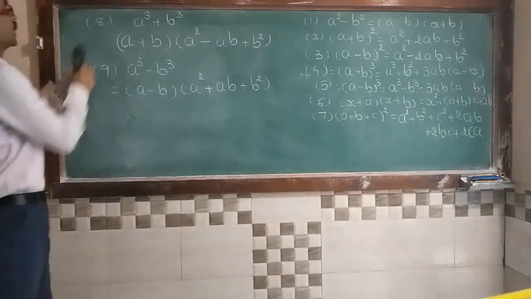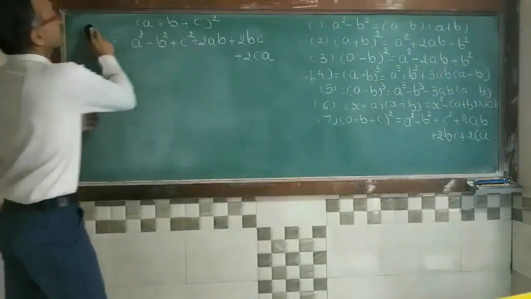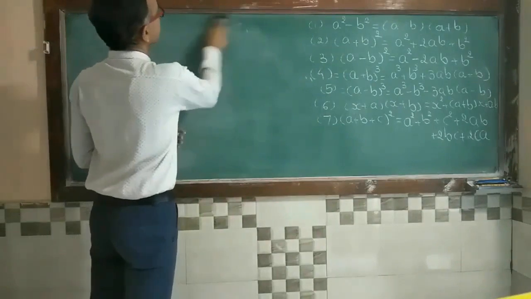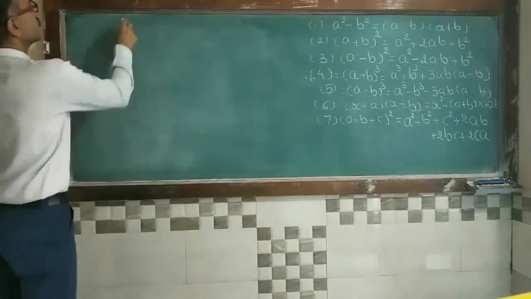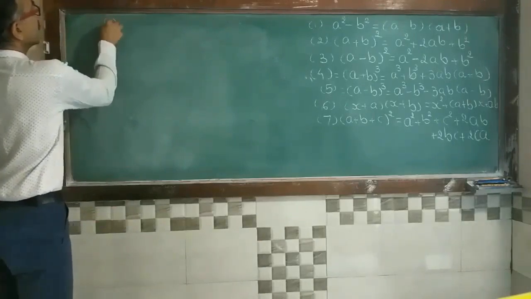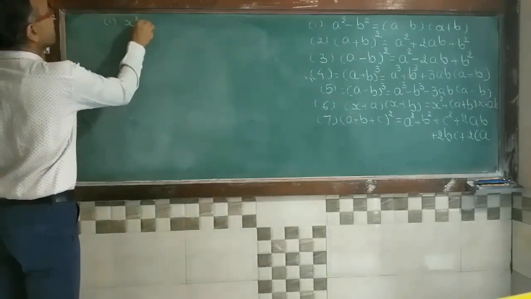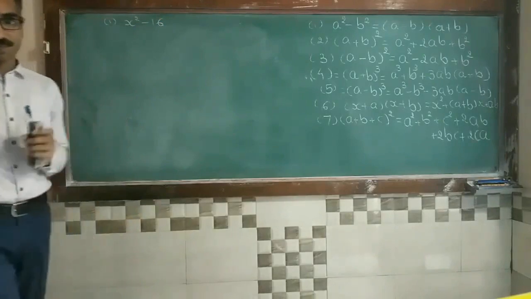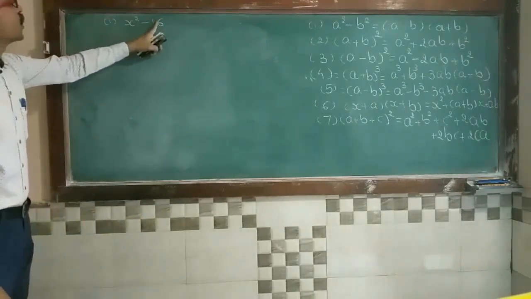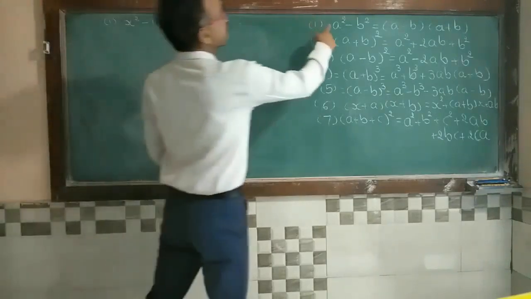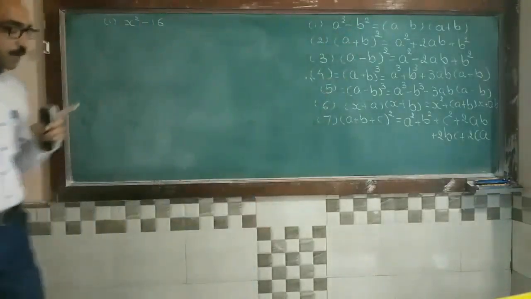Okay? Now we will take some examples on the basis of all the formulas. See, suppose you are given x square minus 16. So we know the first formula, a square minus b square.